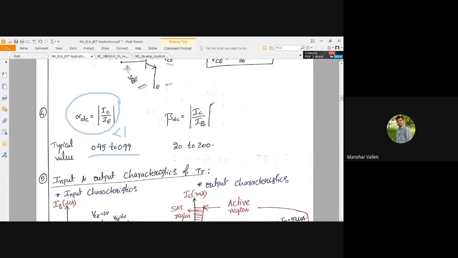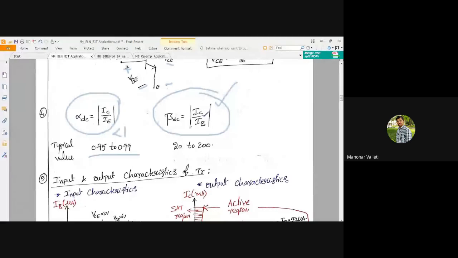In the same way, beta DC is equal to IC by IB. If you see the magnitude of IC or IE, they are generally in the range of milliamperes, and IB is in the range of microamperes.